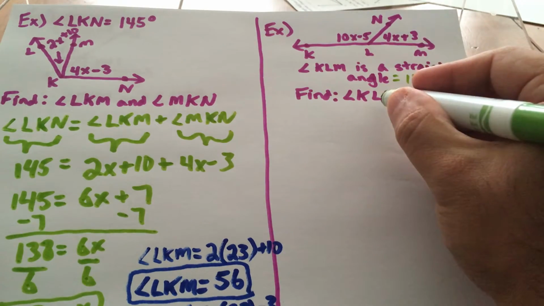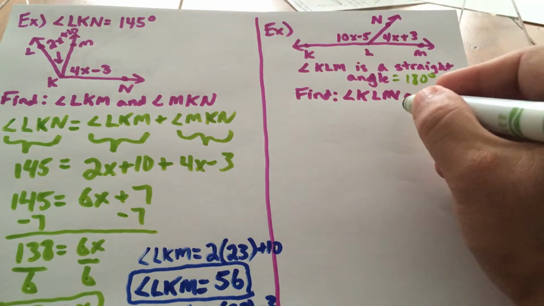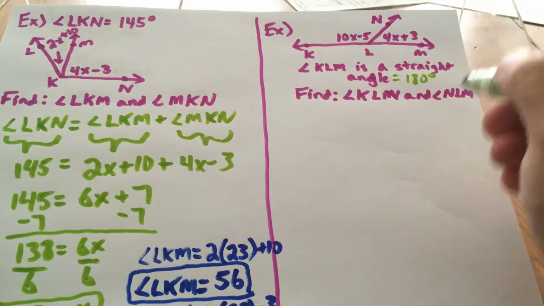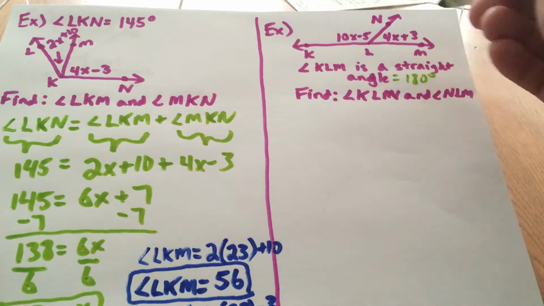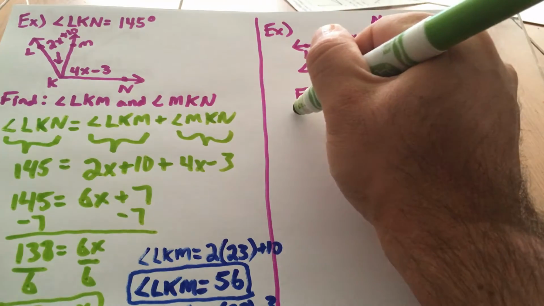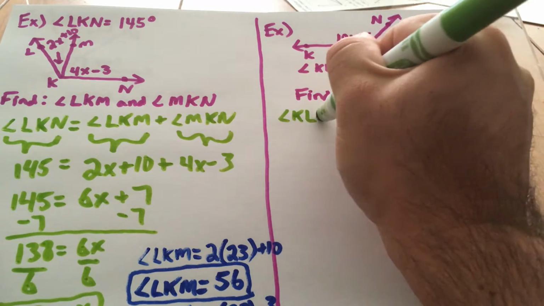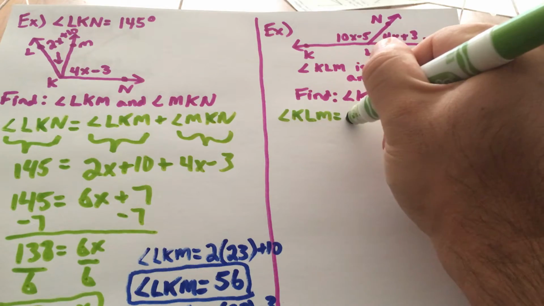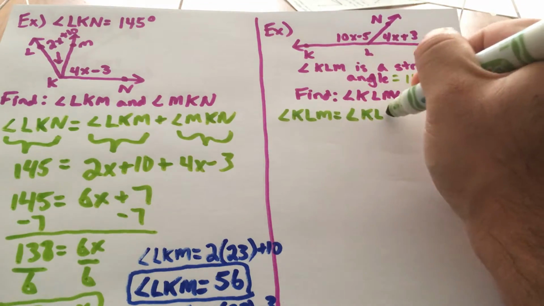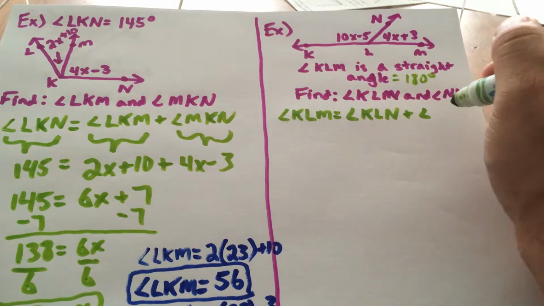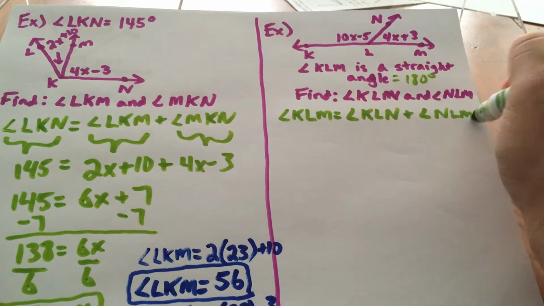All right. They want us to find KLN, this angle, and then NLM, this angle. And just like before, they break it up into two things. So using the angle addition postulate, angle KLM is equal to angle KLN plus angle NLM.